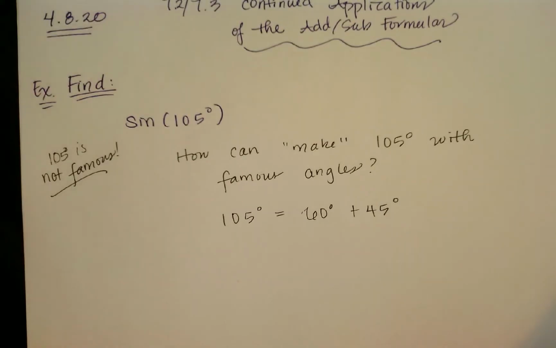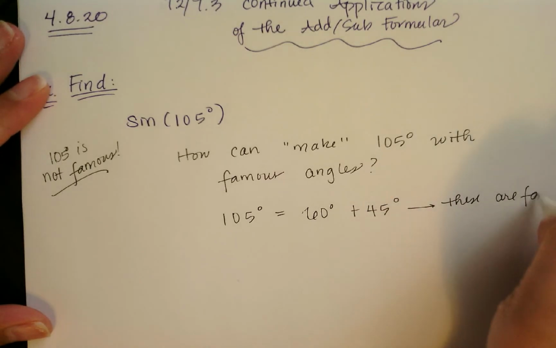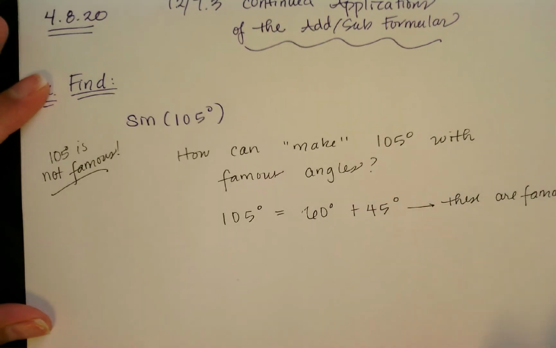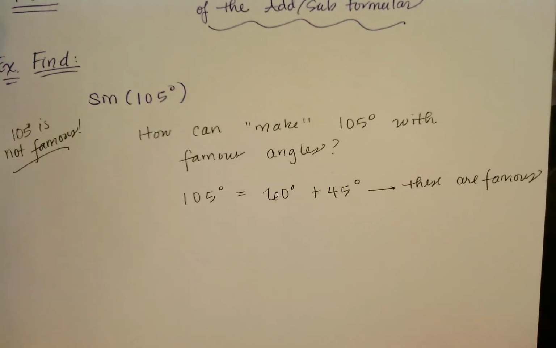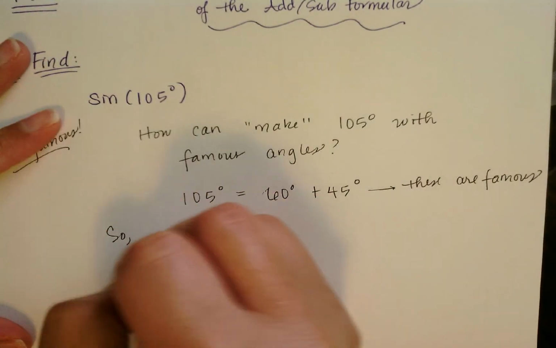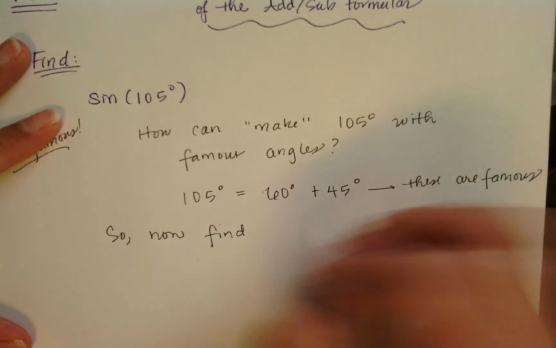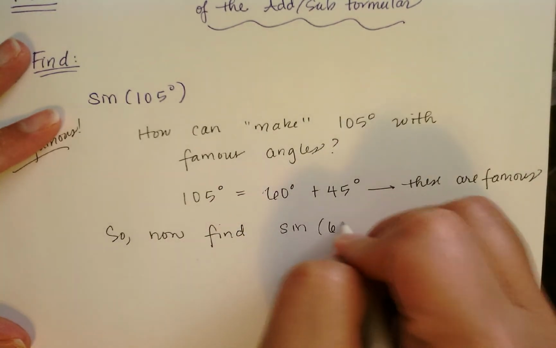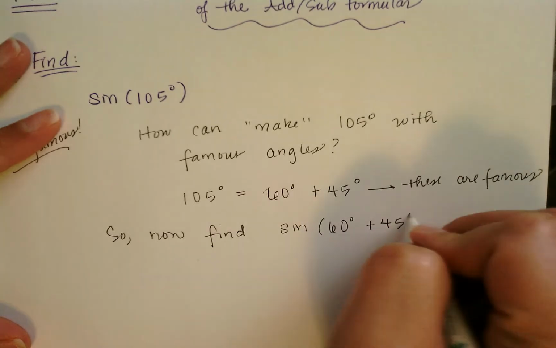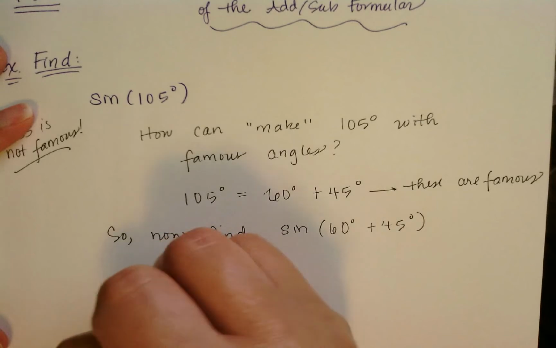And 60 degrees and 45 degrees are famous. So instead of trying to find this weird sine of 105 degrees, we can rewrite this as sine of 60 degrees plus 45 degrees. And that's where we can use our addition formula. So now apply the formula.